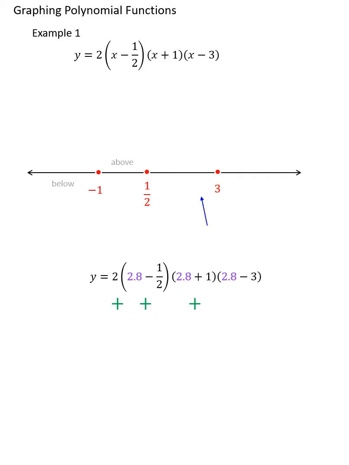And my next factor would be negative. And as you should know, a positive times a positive times a positive times a negative is a negative. And if y is negative when x is 2.8, y must be negative on that entire interval, and therefore the graph is below the axis there.